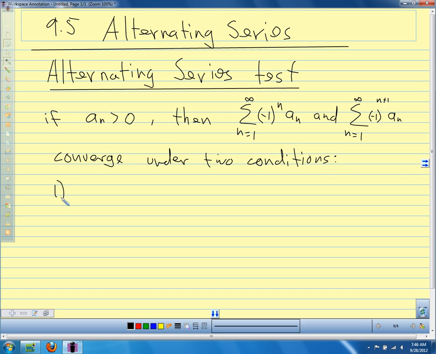Our first condition is that the limit as n approaches infinity of a sub n has to be 0. And our second condition is that a sub n plus 1 is less than or equal to a sub n for all n.